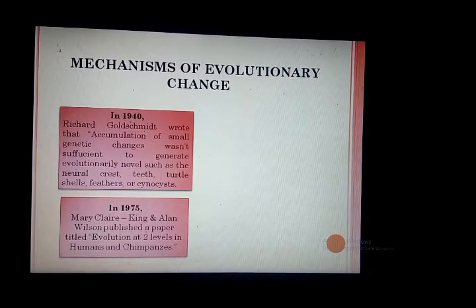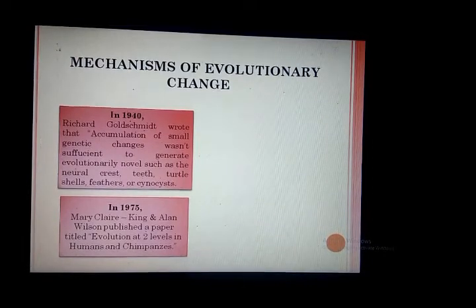In 1940, Richard Goldschmidt wrote that the accumulation of small genetic changes wasn't sufficient to generate evolutionary novel structures such as the neural crest, teeth, turtle shells, feathers, or cnidocytes. He claimed that such evolution could occur only through inheritable changes in the genes that regulated development.